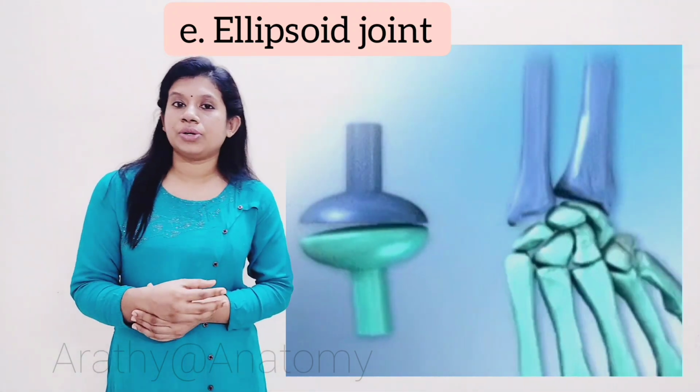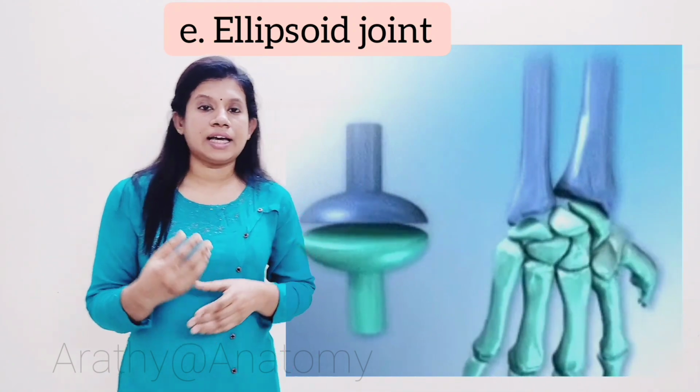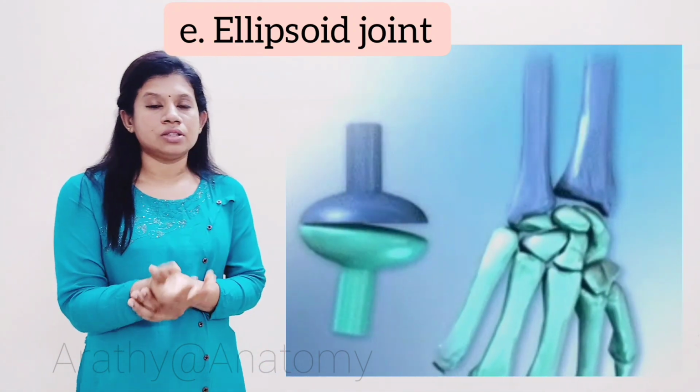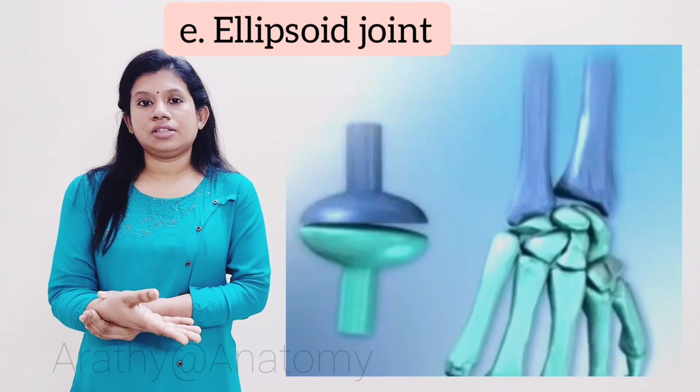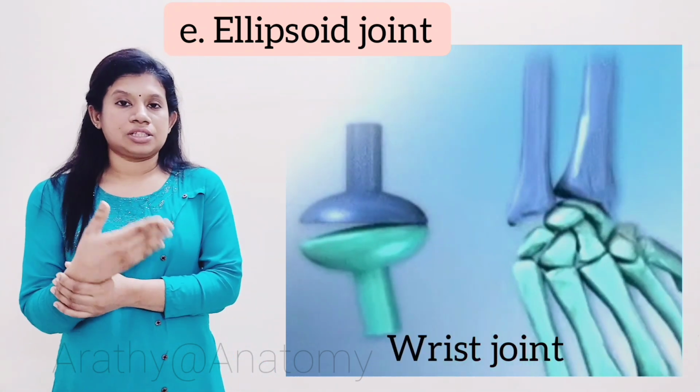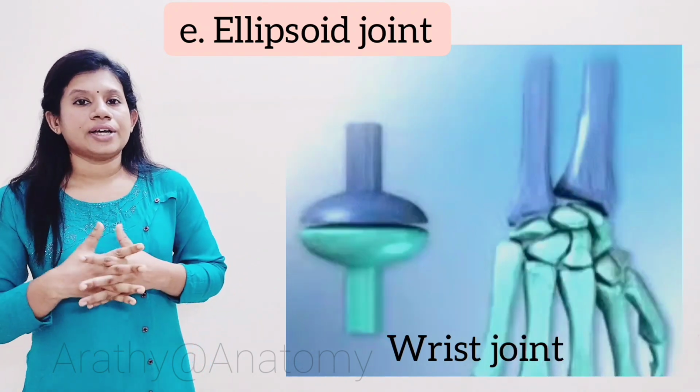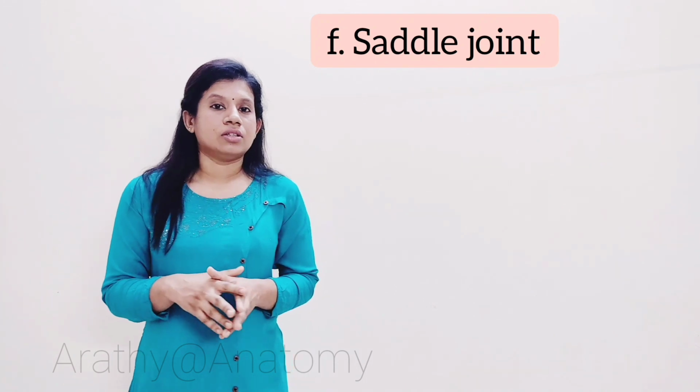Combination of movements produces circumduction. Okay, example for this is the wrist joint. So this has flexion, extension, abduction, adduction and circumduction, that is the combination of movements. Okay, wrist joint.